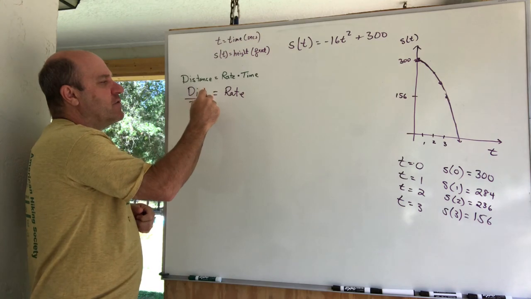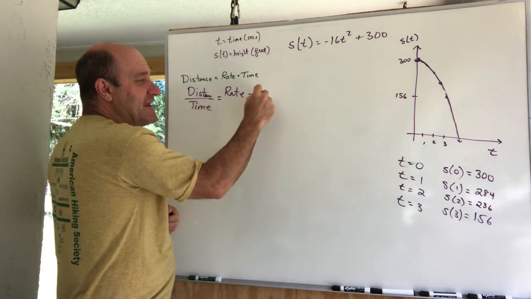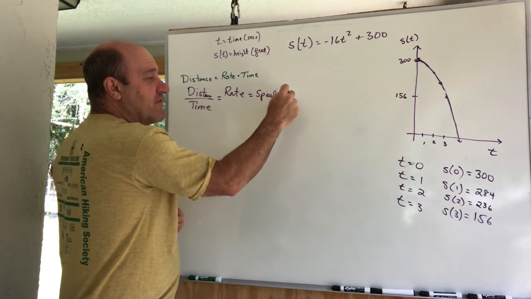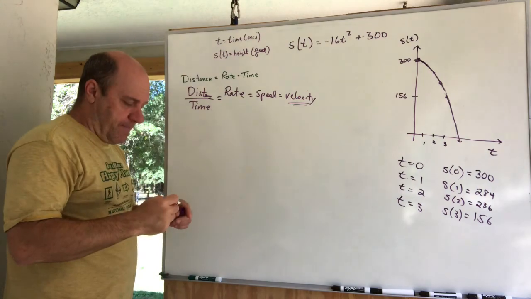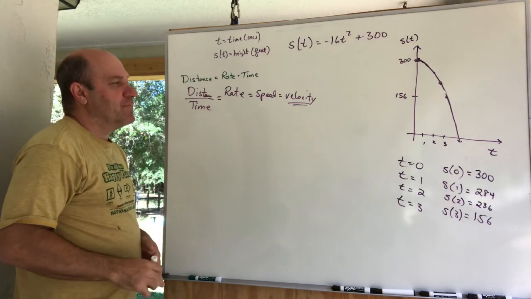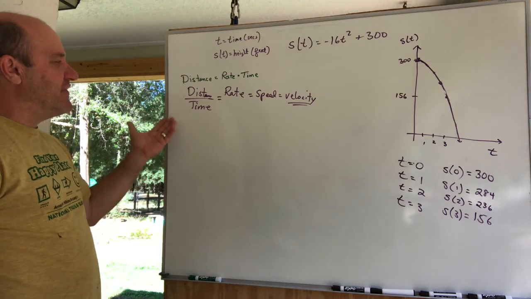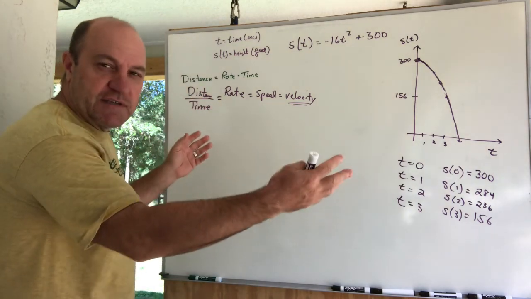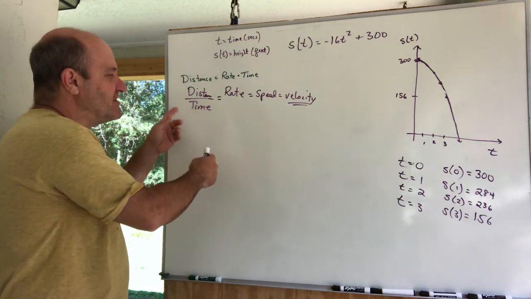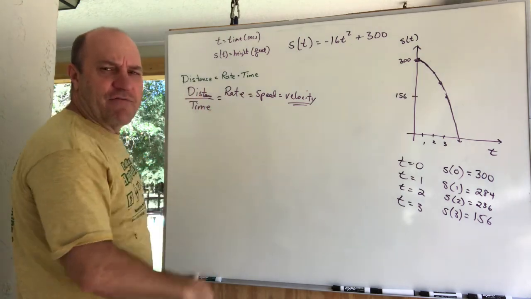So the distance over time is the rate, and the rate is the speed, or the velocity is really what we're going to say. So that's what we're looking for. But if I just do the distance over the time between two distances and two times, it's the change in the distance over the change in the time, then I just get this average velocity.